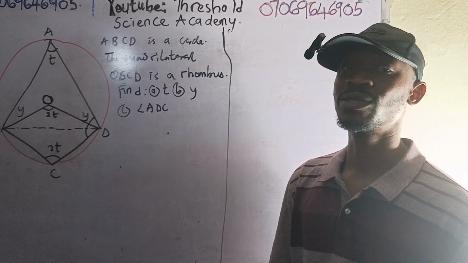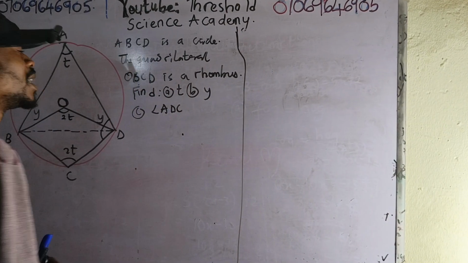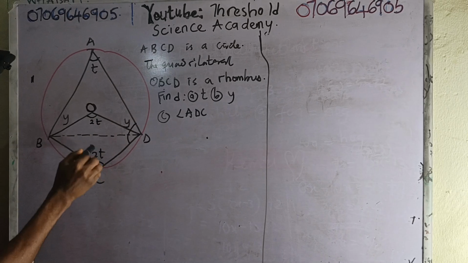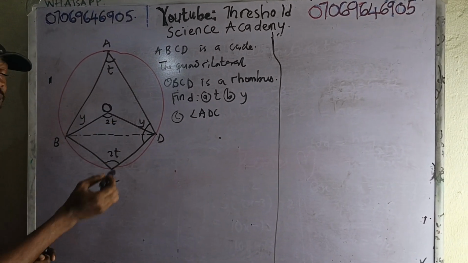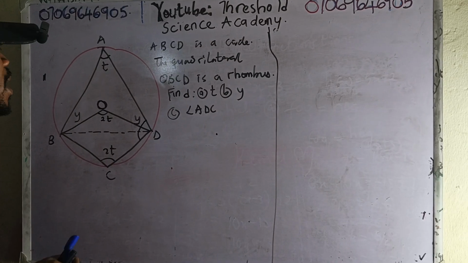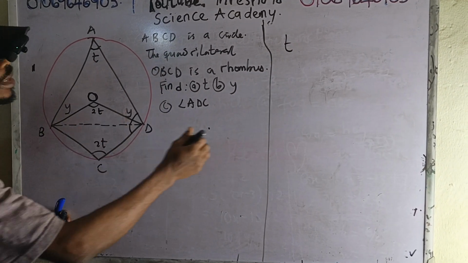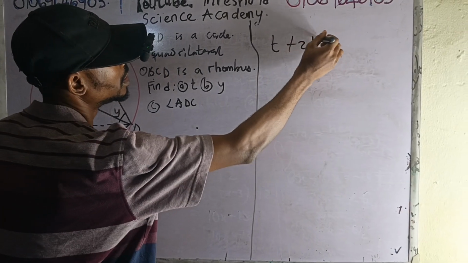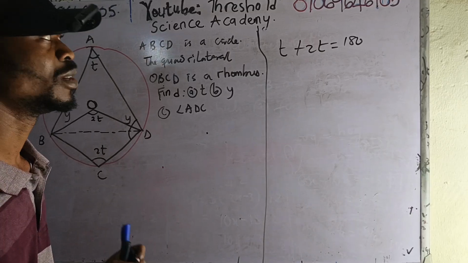So what do we know about such special quadrilaterals? The opposite angles of cyclic quadrilaterals are supplementary. They add up to 180. So if we add T and 2T, they must give us 180. That is what we're going to be using to calculate our T. So T plus 2T must give us 180. What's the reason? Opposite angles of cyclic quadrilateral.